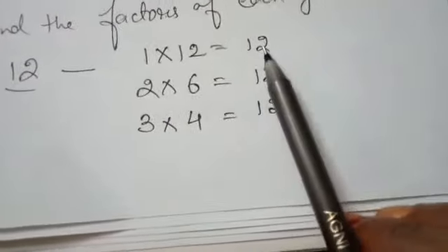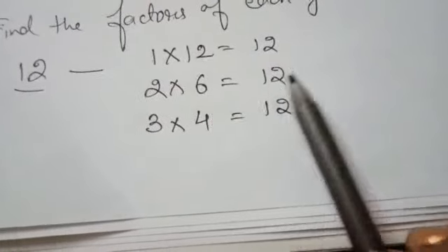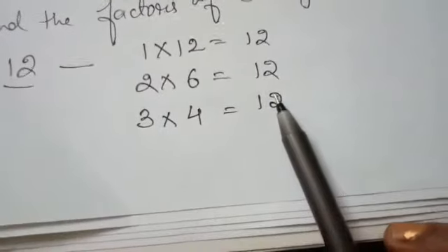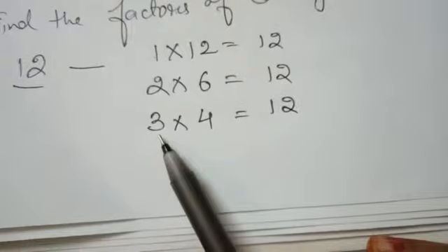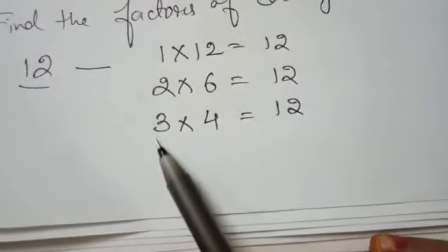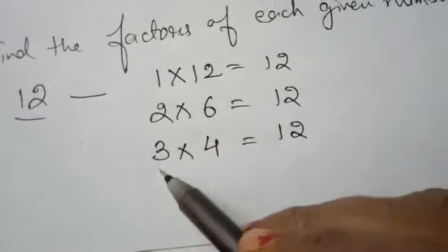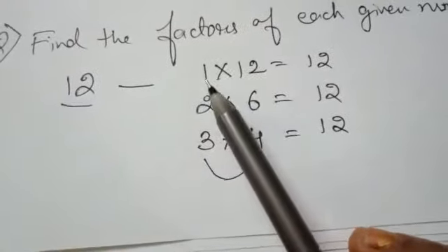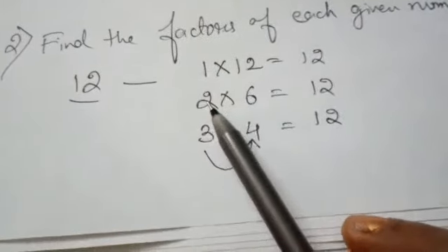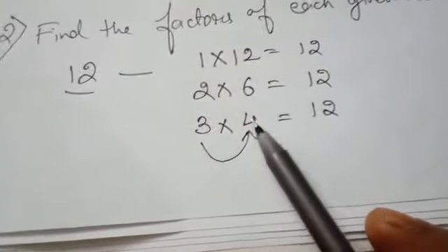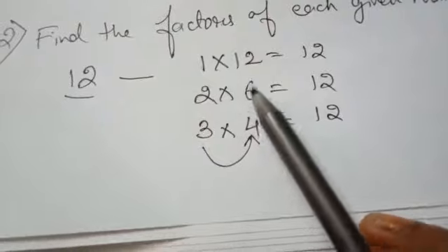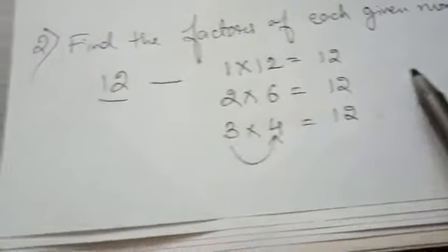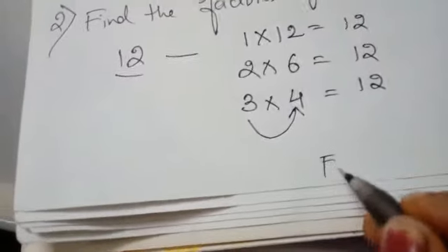It means 1 12s are 12, 2 6s are 12, 3 4s are 12, and as it comes in 4's table also, we will not go anymore, we will just do a U-turn, as it will be easy for you to understand. See, now 12 is coming in 1's table, 2, 3, 4, 6 and 12. So factors of 12 we can write over here.